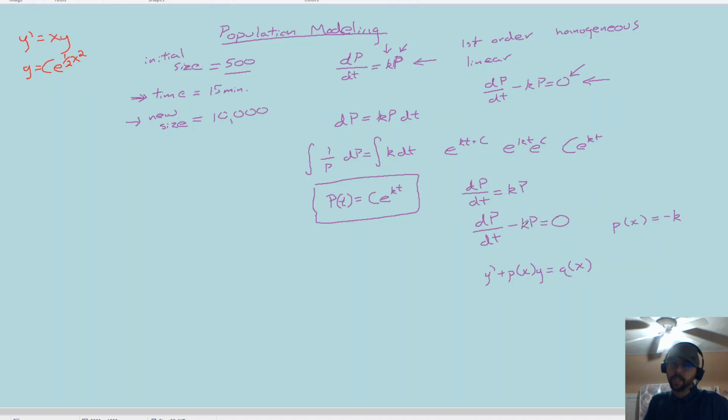If I keep it negative here, when I solve for k, I will get one answer. If I were to change it to positive, when I solve for k, I'll still end up with the same true equation. I don't know how to say it better than that. So q of x in this case equals 0.